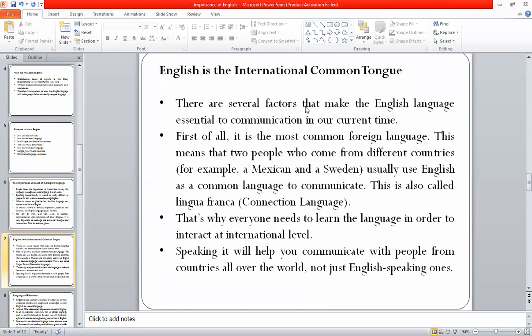Then it is also called the lingua franca, that is, the connection language. That's why everyone needs to learn the language in order to interact at the international level. At the international level, it becomes very difficult if we go with our own tongue or our mother tongue. If there are people from our country, or a group, or a community of our own, then we can speak in our own mother tongue.